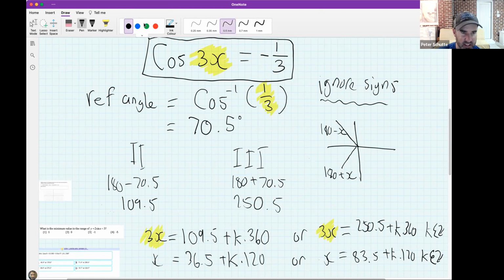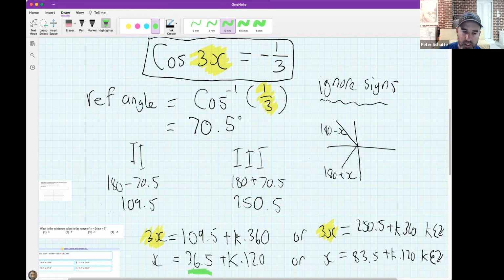Why is it 120? Great question. Can you see that the 3 has disappeared? So when I divide the 109.5 by 3, I get 36.5. But it's not just the 109.5 that needs to be divided. So where did I get the k times 360?